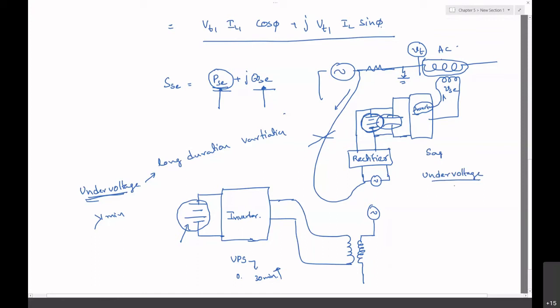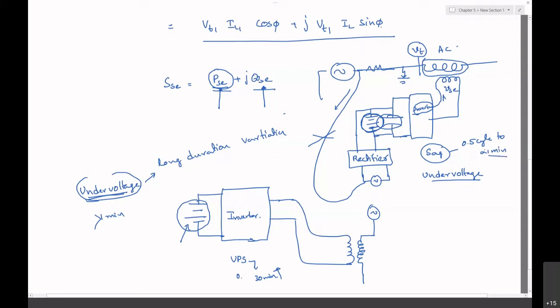The sag itself, by definition, is about 0.5 cycle to 1 minute.